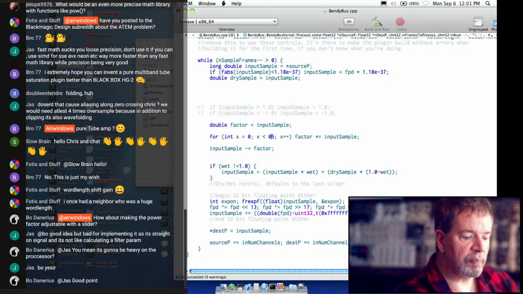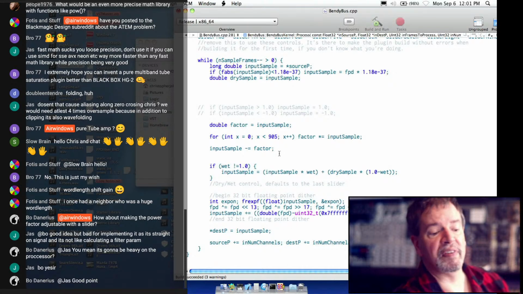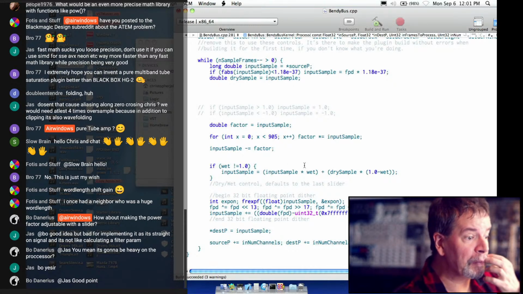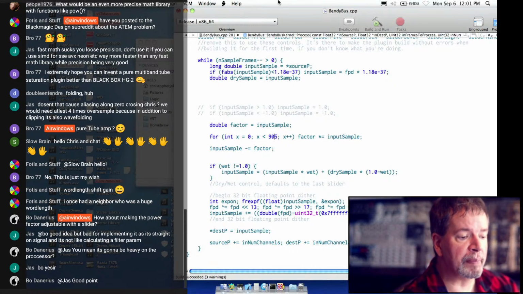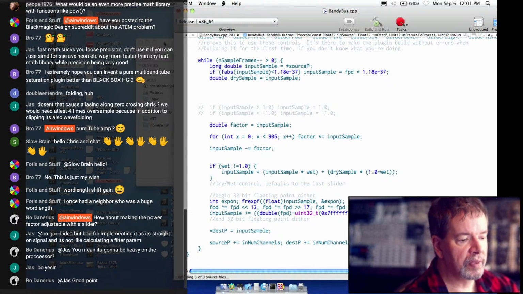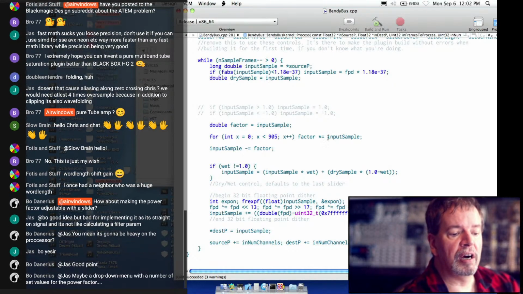So now we know that we've just reproduced this. So now what we do is go crazy bonkers. Hundreds and hundreds of power factor. This is going to grind a bit, but I don't mind. We're actually processing offline. Watch what happens. Because that's much easier than copying and pasting input sample that many times.